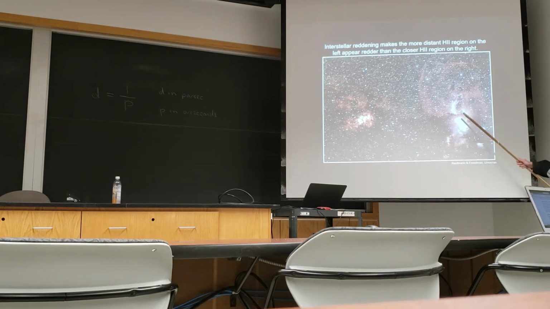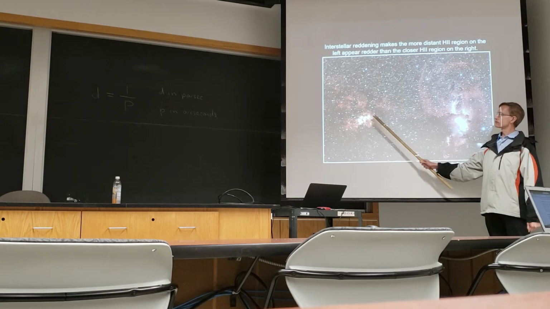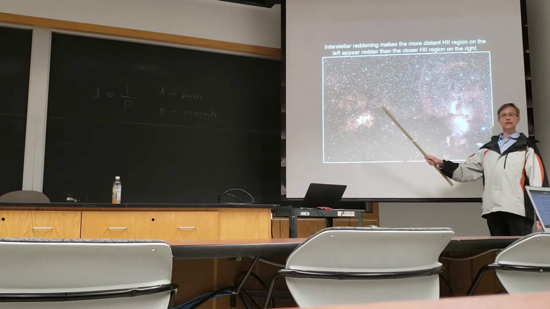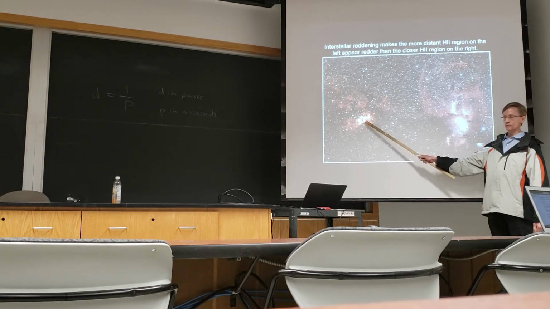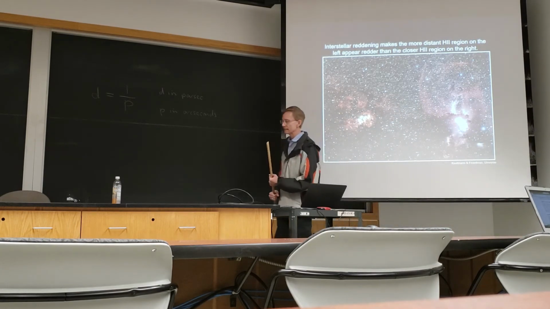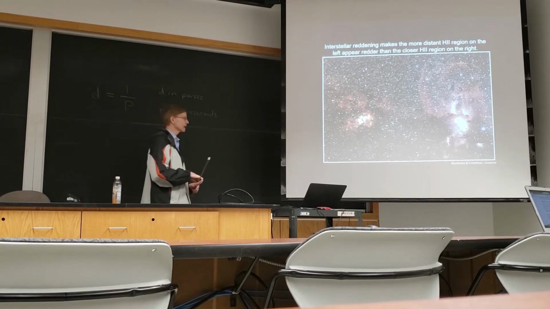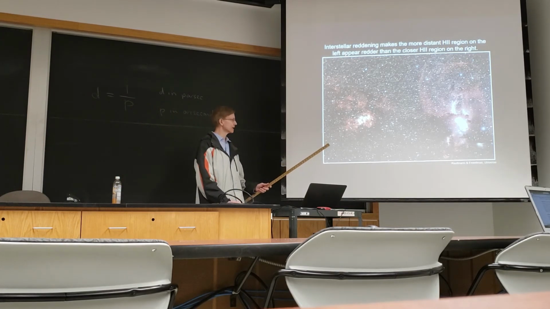So this nearby, in an astronomical sense, H2 region looks pink because we're seeing all the wavelengths of hydrogen making it to us from it. This one here looks much redder because it's further away. There's more interstellar dust between us and this more distant H2 region. And so the lovely turquoise line and the indigo lines, those photons pretty much aren't making it to us.